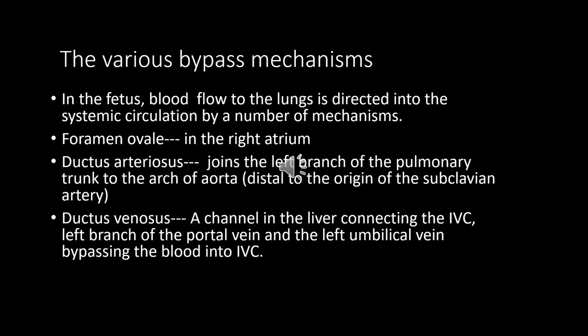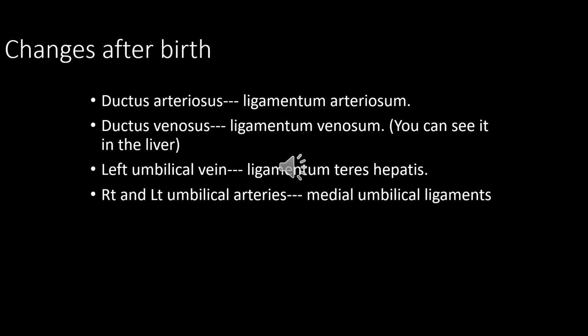Well, all these bypass channels shall be closed, shall become ligaments. We will see that some other time. These are called the postnatal changes, or changes in the circulation after birth.